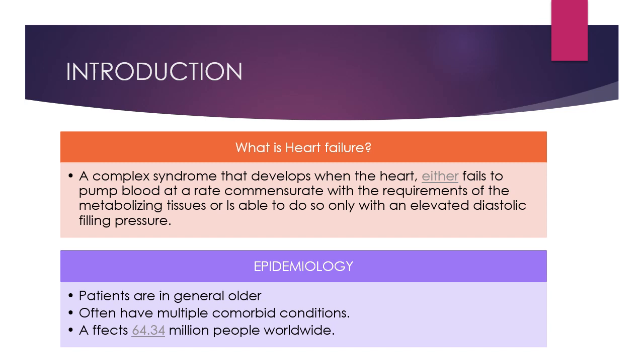As far as the epidemiology is concerned, heart failure patients are generally older and have multiple comorbid conditions, for example hypertension, diabetes, coronary artery disease, storage diseases, systemic disorders, etc. So a long list of etiological factors that we discussed previously, and it affects about 64.34 million people worldwide. So this is a large number, right?